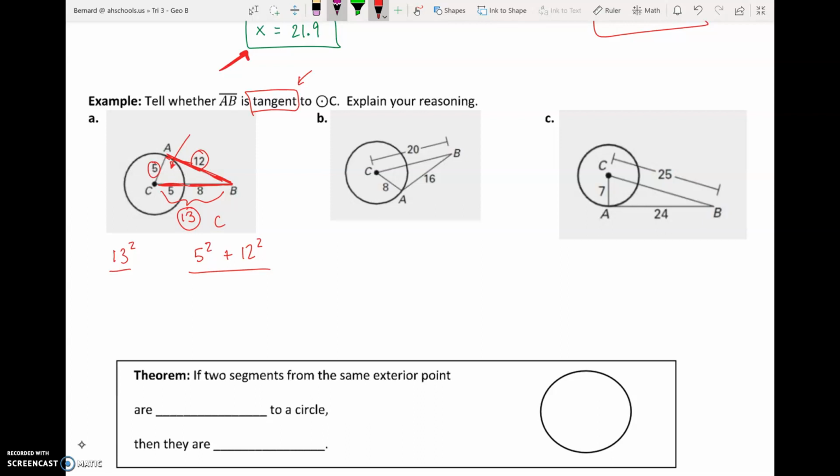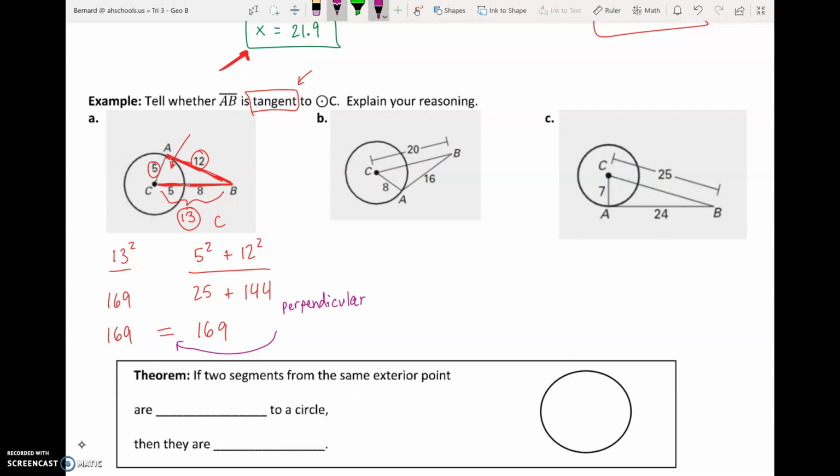So let's figure this out. 13 squared is 169. 5 squared is 25. 12 squared is 144. So let's add 25 and 144 together. The left side's still 169, and 25 plus 144 is actually 169. So obviously 169 equals 169. And what this means then is that the radius and our tangent line are actually perpendicular.